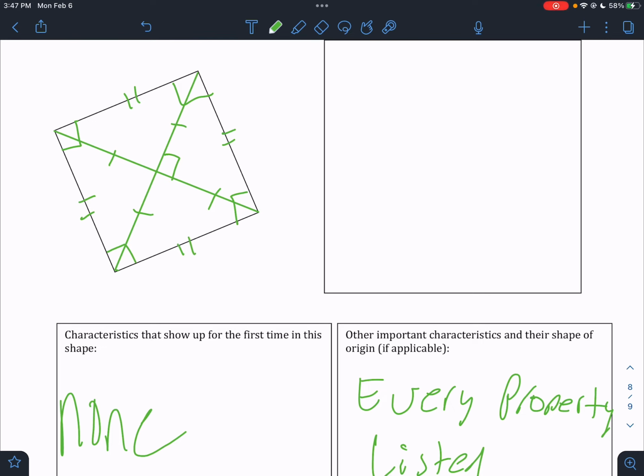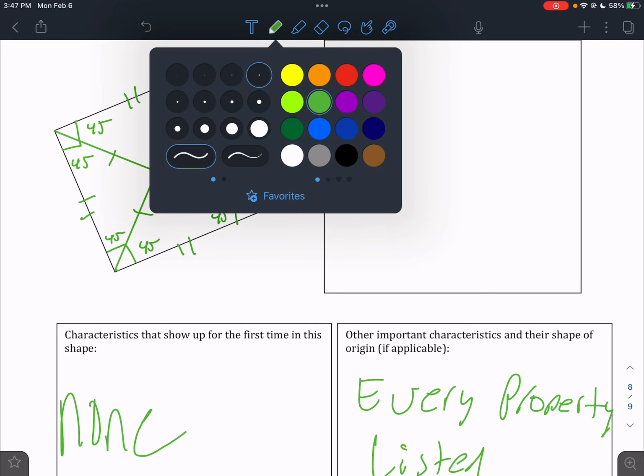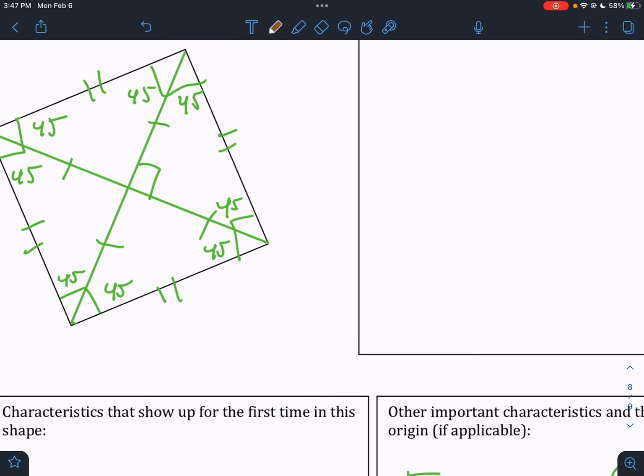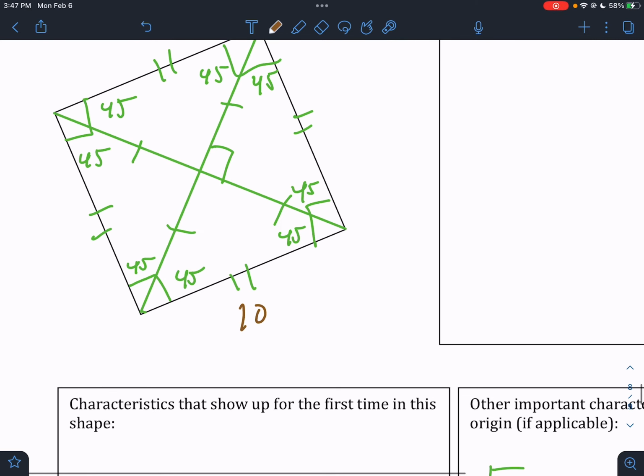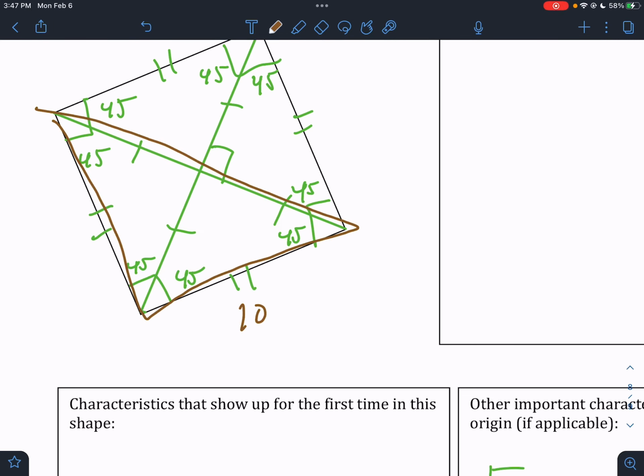So if they're all 90 and we cut them in half, now they're all 45s. So we have a ton of 45, 45, 90 triangles here. And we use the best one. So like if I knew that this side was 10, I would use this big 45, 45, 90. I would know that this is 10. I would know that this whole thing is 10 root 2. That means these little parts would be 5 root 2 each.